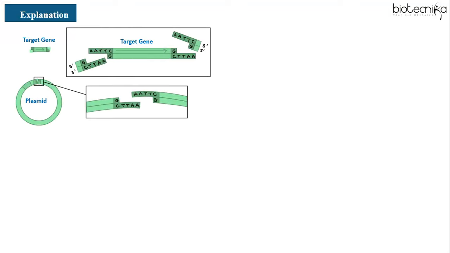Always remember, you have to use the same enzyme or combination of enzymes to cut the insert and vector, which can be plasmid, cosmid, artificial chromosome, or bacteriophage genome. So here we have used EcoRI to digest the gene, that is the insert, and the plasmid, that is the vector.